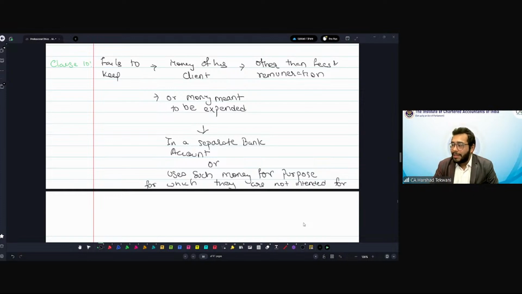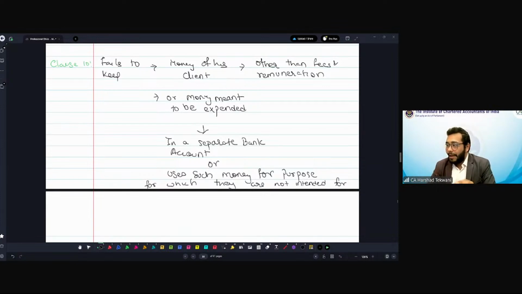So it will be considered that he is not using the money for the purpose for which it was intended within the reasonable time frame. So failing conditions are two, na sir. Either he's not keeping money other than fee in a separate bank account, or not using it within a reasonable time. Yes. So not using within a reasonable time or using for any other purpose.